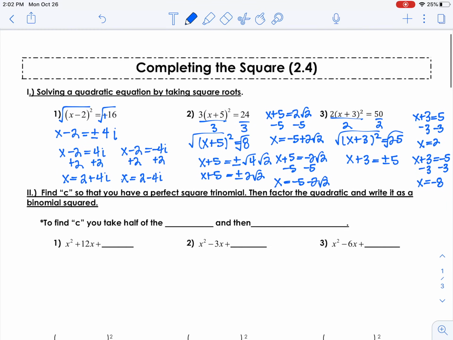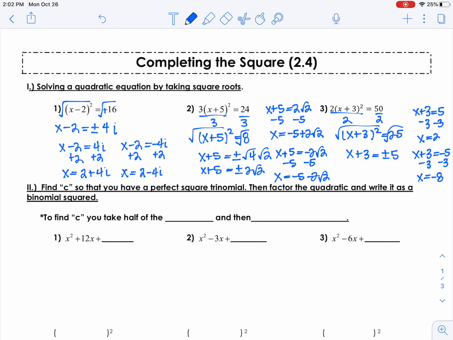Okay, so now we're going to talk about how we complete the square to solve. The first thing we need to do is find a c value that allows us to have a perfect square trinomial, which means we can write it as one set of parentheses squared, a binomial squared. To find this c, we take half of the b value and then square it.